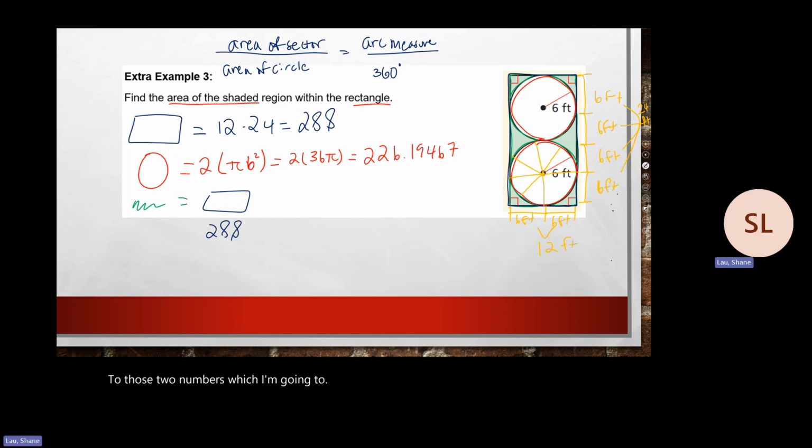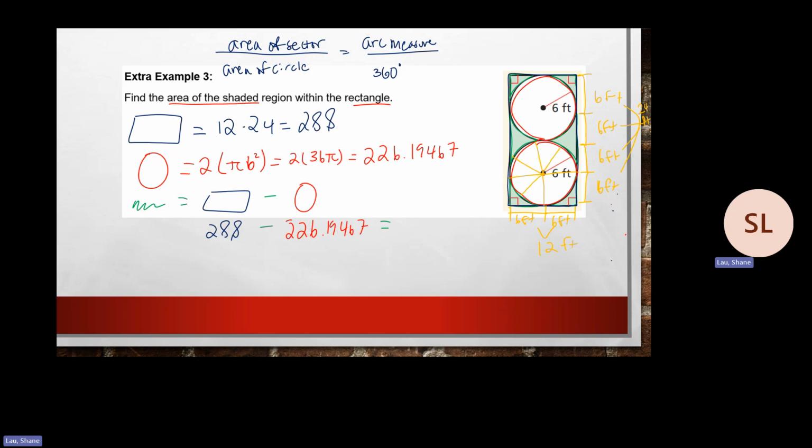And we have our red circle, which is going to be 226.19, minus, no items, subtraction.